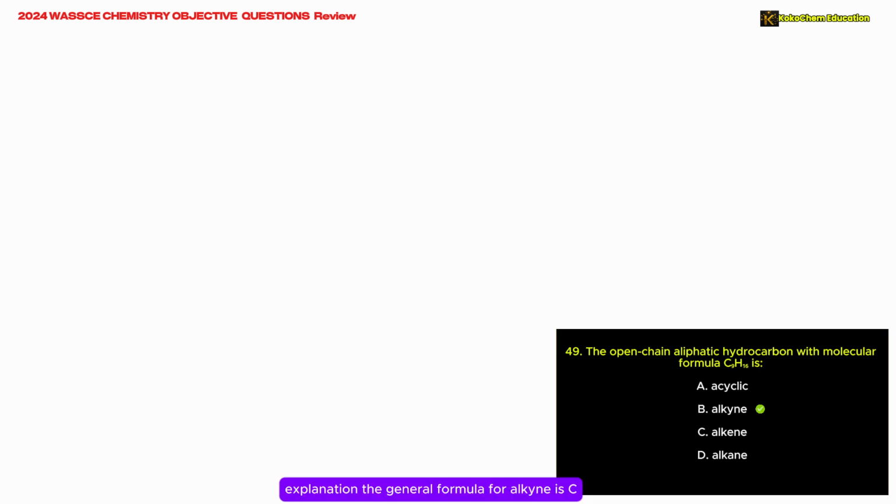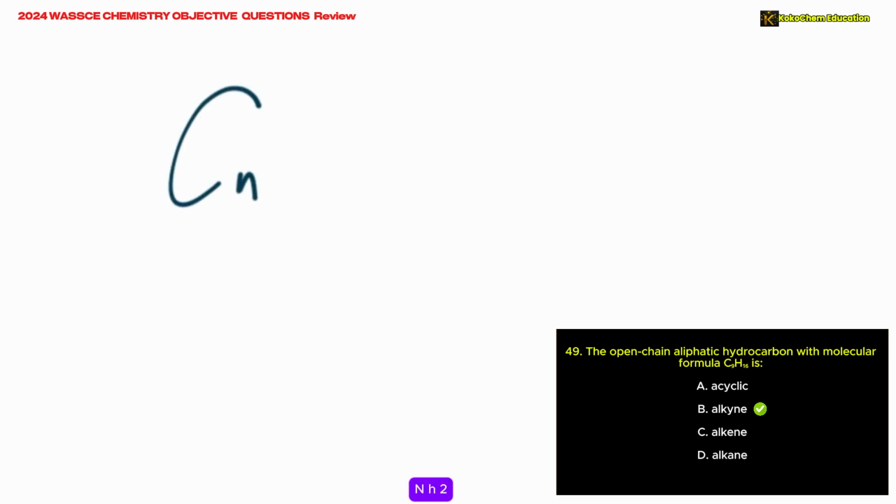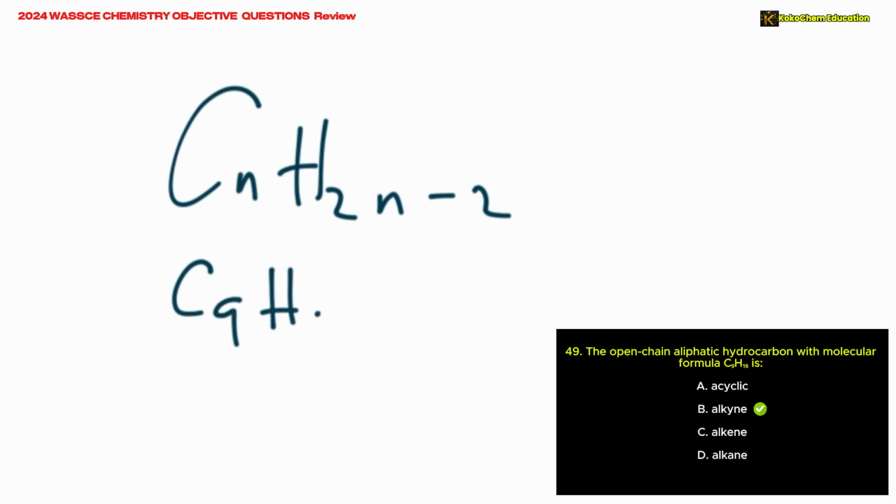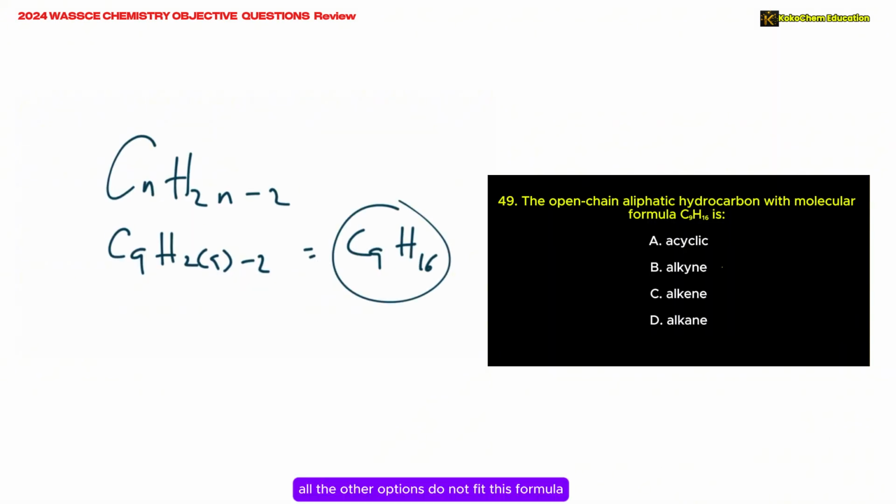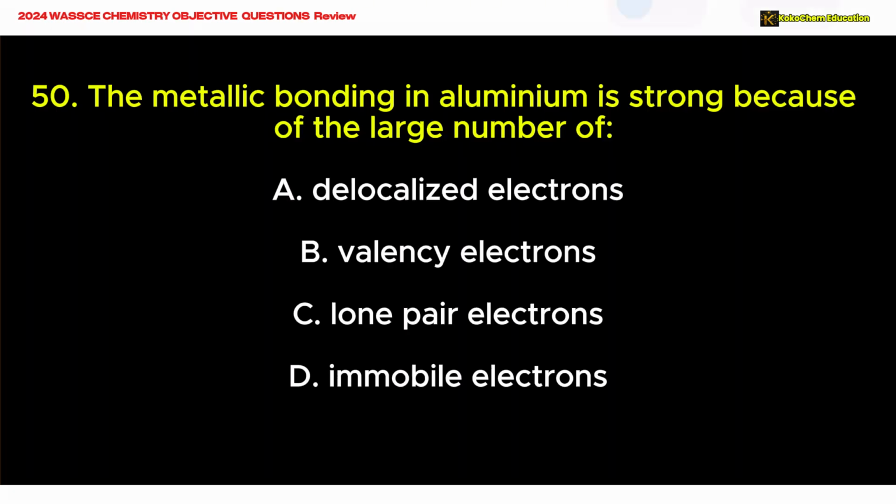Explanation: the general formula for alkyne is CnH2n-2. So C9H(2×9-2) would be C9H16. All the other options do not fit this formula.